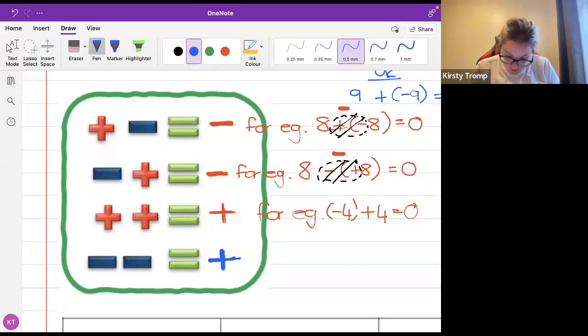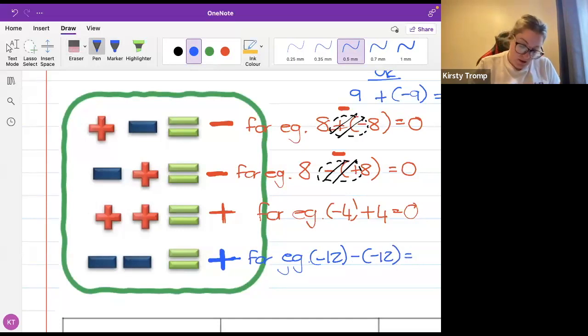Okay, for example, if I've got negative 12 minus negative 12, I see that I've got a negative sign and a negative sign next to each other.